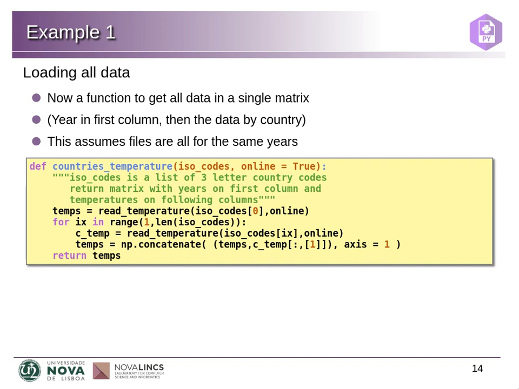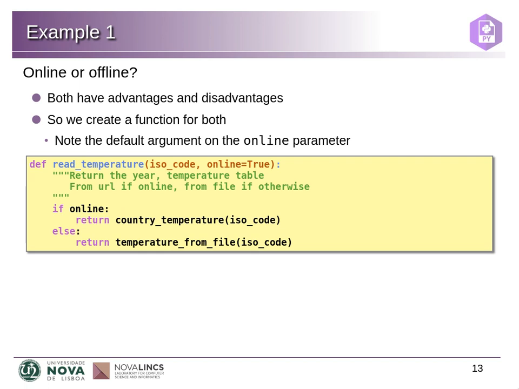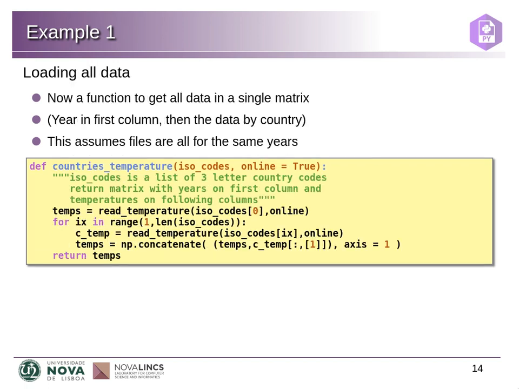But here now it's simpler to implement, because we just need to pass on this argument to the next function. So this one is the one that actually makes the decision where to get it from, and in all the functions that we write later on, we don't worry about the differences between getting from the server or from the hard drive. We just pass on the same argument, and things will work eventually when they reach that decision.